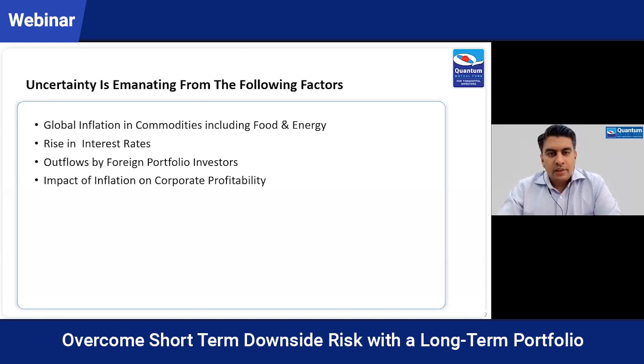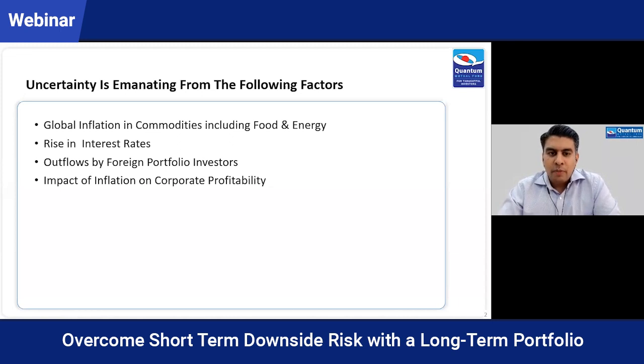If you look at it, the uncertainty out there is significantly large, and it's been continuing for some time. Global commodity prices have gone through the roof, be it food, be it energy, crude oil prices above $110. Even the agricultural commodity prices have gone up significantly.